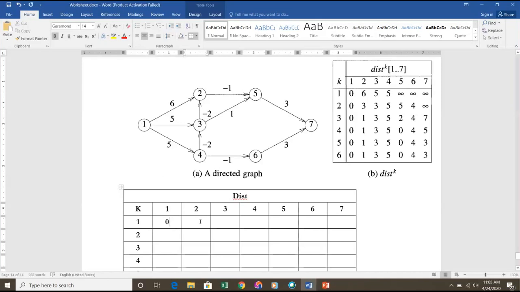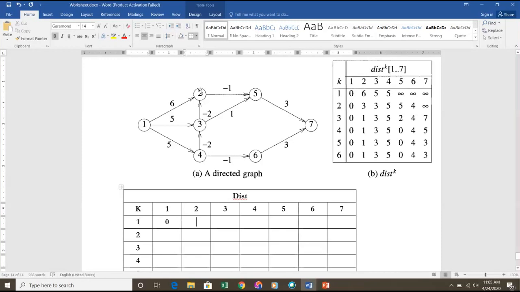What is the distance of 2? And what this k tells us is the number of edges in the path. So first we are considering all the paths with the number of edges as 1. Let us take 2.